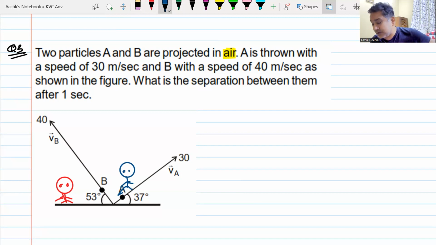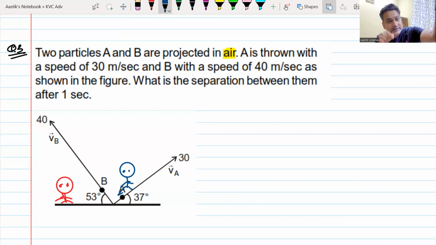Now, whatever I am watching now, whatever I am seeing now is with respect to A. Do we understand this? Yes or no? So whatever I am watching now is with respect to A. Now, both of them have been thrown in the air simultaneously, and that is the main point. If you throw one and after some time you throw the other one, then once both of them are in the air, only then is what I'm going to tell you valid.